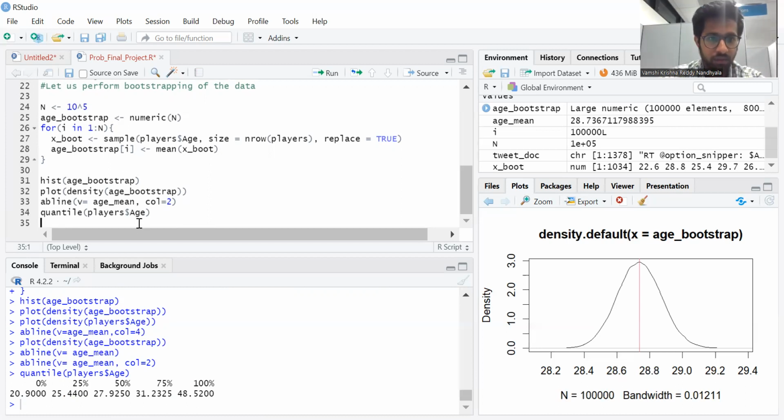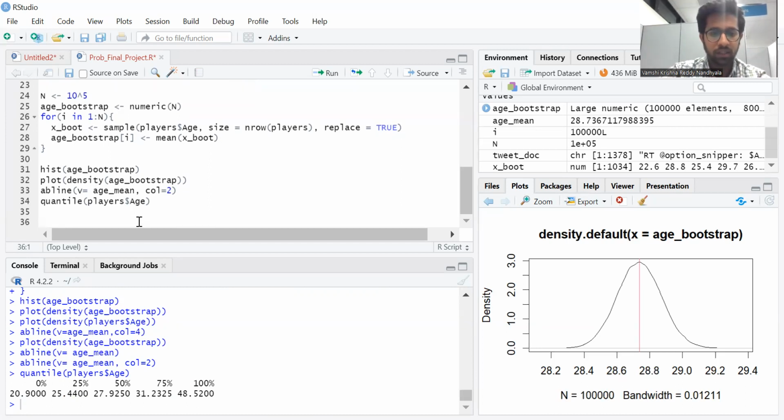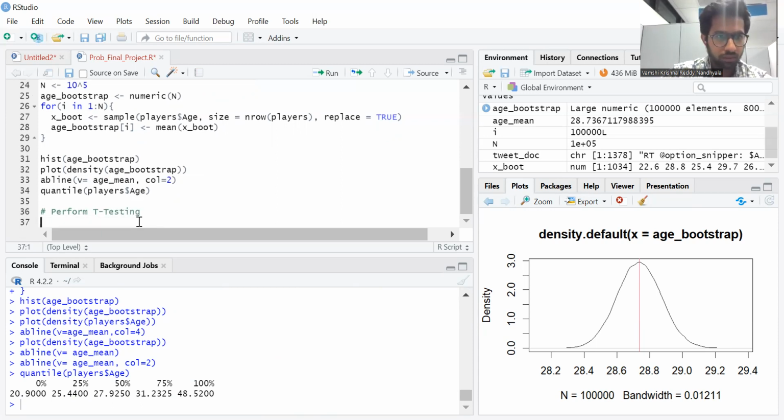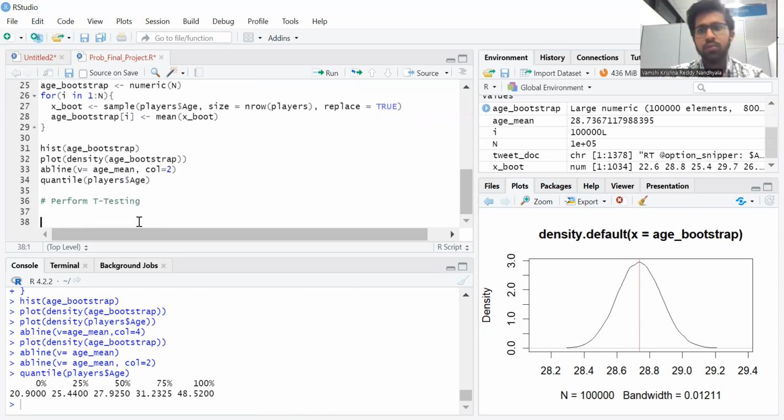And let us perform t-testing here primarily. The main usage of t-testing is hypothesis testing.